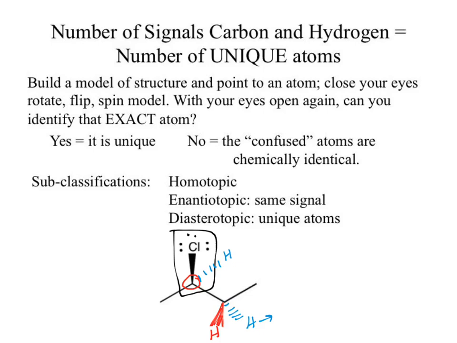So the red hydrogen and our blue hydrogen see different environments, which then means different chemical shifts. So this structure could show how many different signals? 5 different signals. Did I count that right? I think I counted that right. We have 1, 2, 3, 4, 5 different signals.